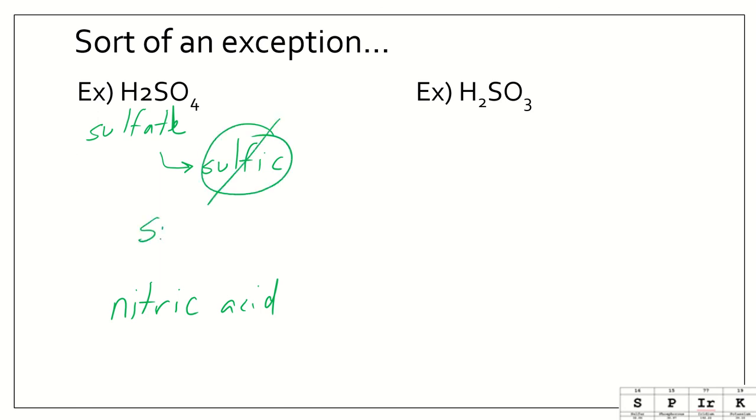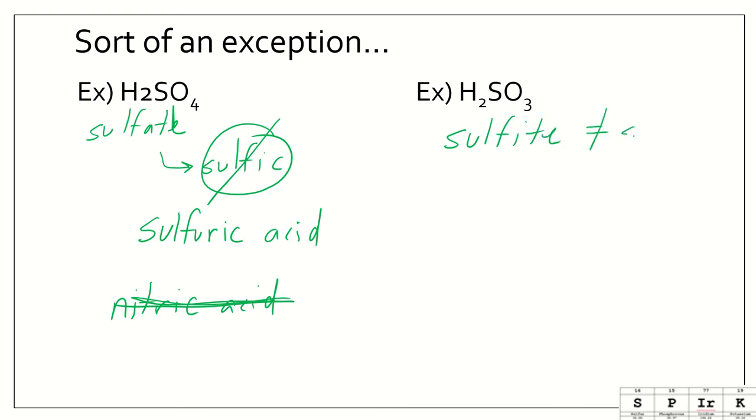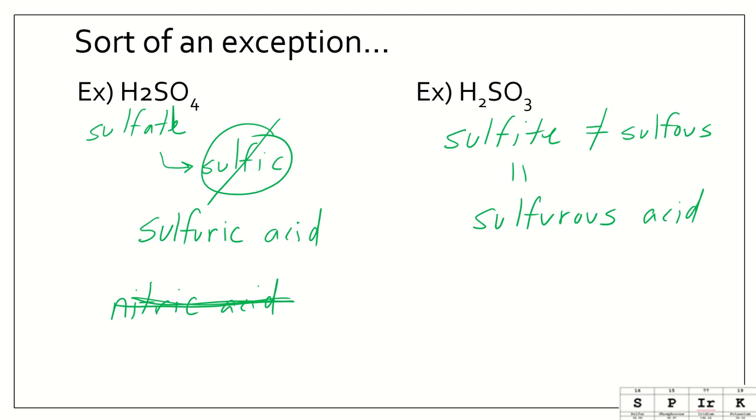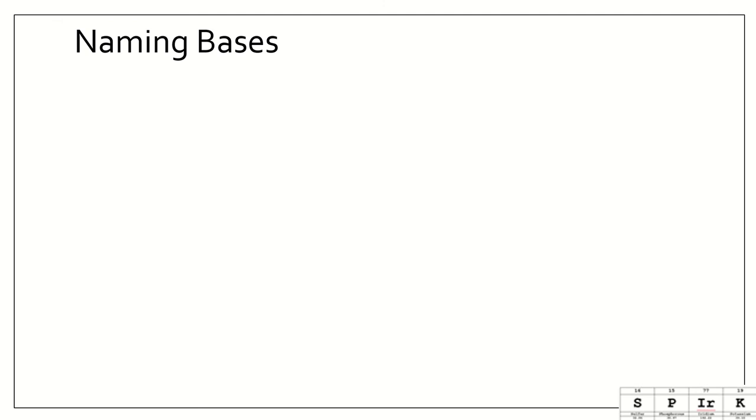We add in that UR, so it's sulfuric acid. And the same goes here. This is sulfite, but it is not sulfus acid. It is sulfurous acid. This is really one of the only examples. There are others out there, but this is one that we will see quite often that doesn't quite follow that change-the-ending rule.